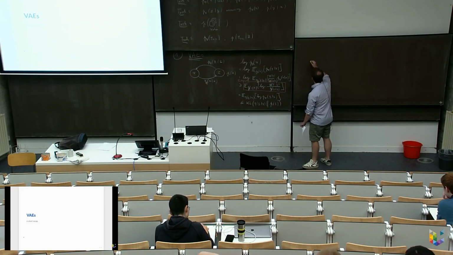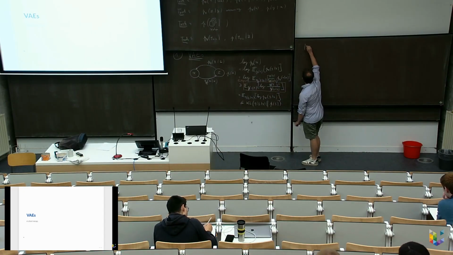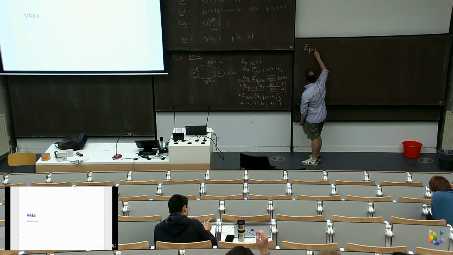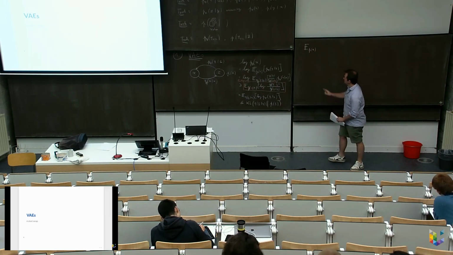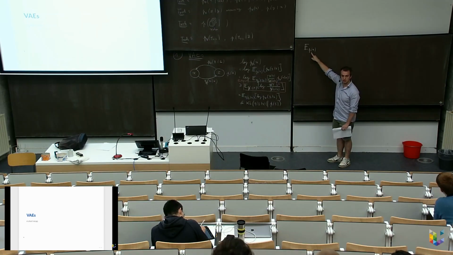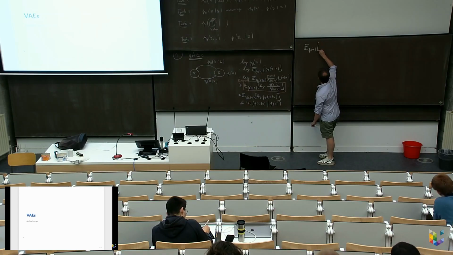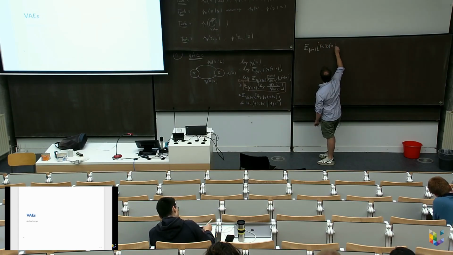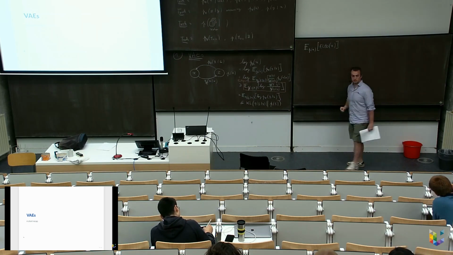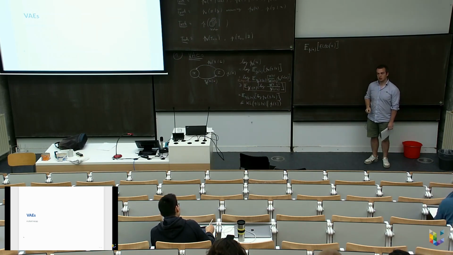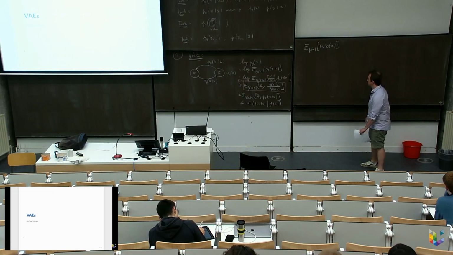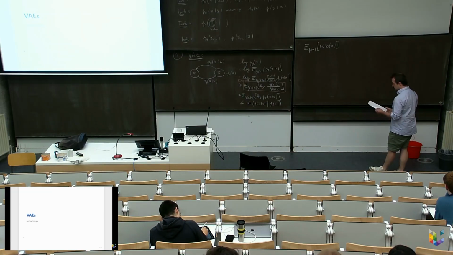Effectively, when you train a VAE, what you are maximizing is the expectation over the data distribution, so there is no theta there, of the evidence lower bound evaluated at x. We want to maximize it for every x from the distribution.